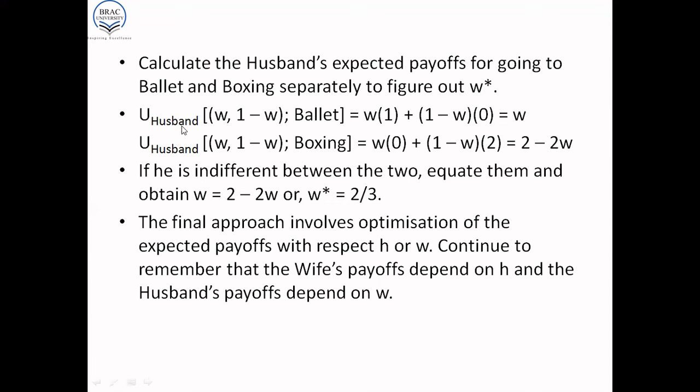So the expected payoff of the husband of going to ballet is W times 1. 1 is the husband's payoff, W is the wife's probability, plus 1 minus W times 0, and that is equal to W. The expected payoff of the husband of going to boxing, given the wife's probabilities, is W times 0. 0 is the husband's payoff, plus 1 minus W times 2, which is the husband's payoff, and that's equal to 2 minus 2W. If the husband is indifferent between the two, you equate them. So W is equal to 2 minus 2W, or W star is equal to 2/3.